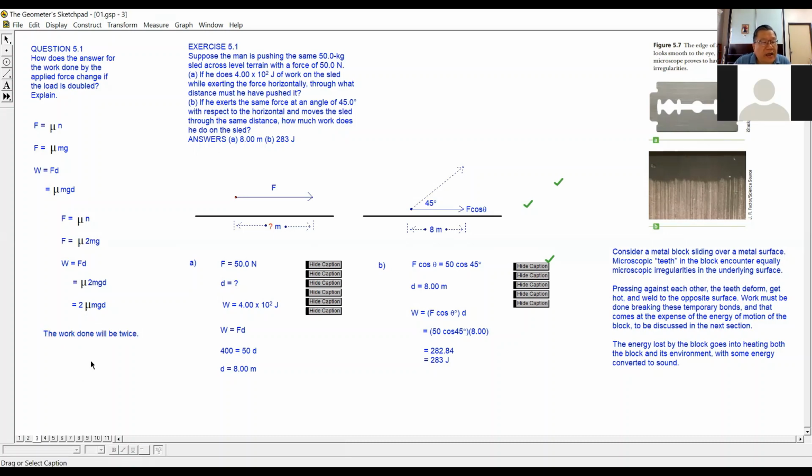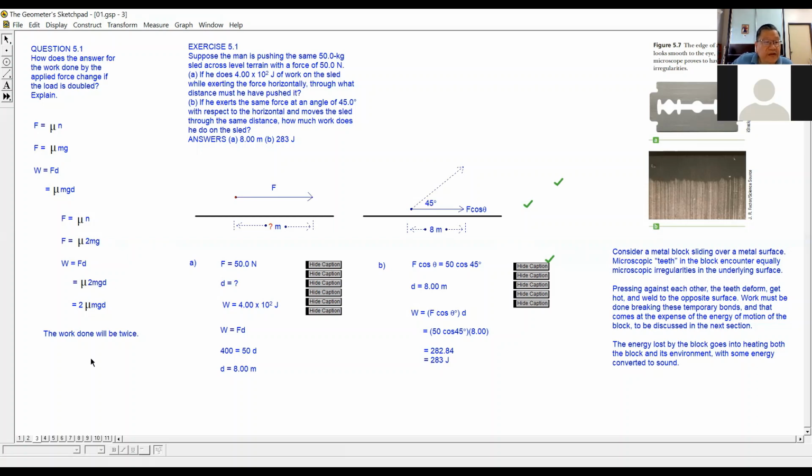Now, why is the work done twice the original work done? Because the load is double. The load is double means the normal reaction is double. Normal reaction double means the frictional force is double.